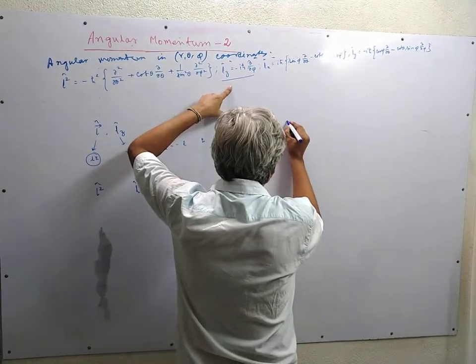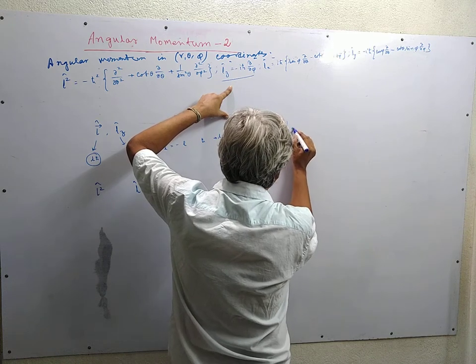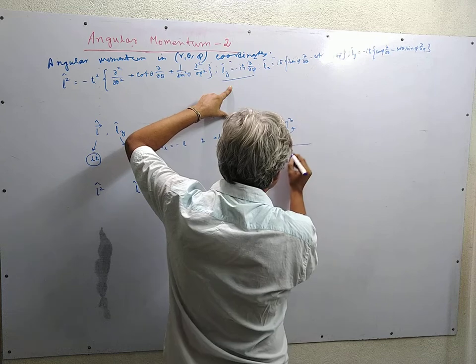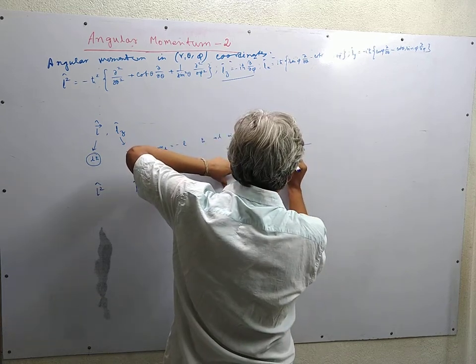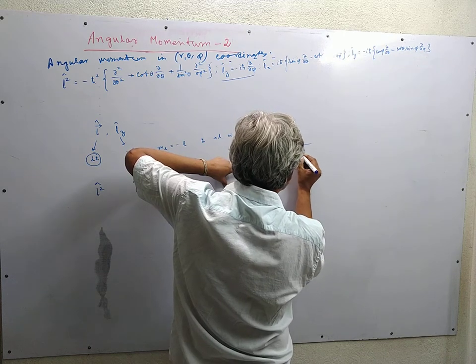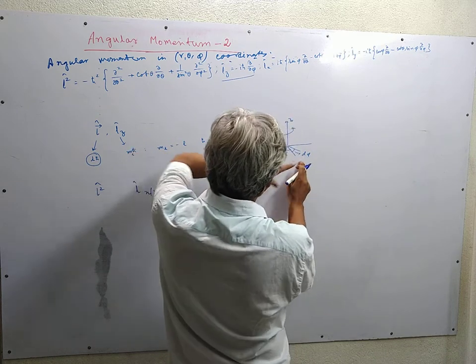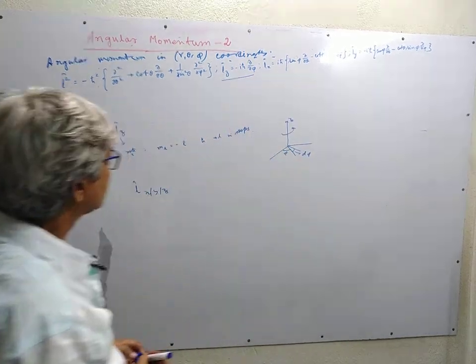If you look at the spherical polar coordinate system, and if we rotate about the z-axis, then it is the phi angle which changes from phi to phi plus d phi. So this is the operator corresponding to rotation about the z-axis.